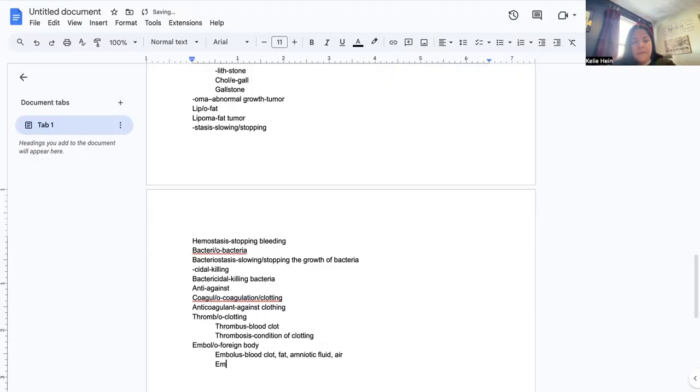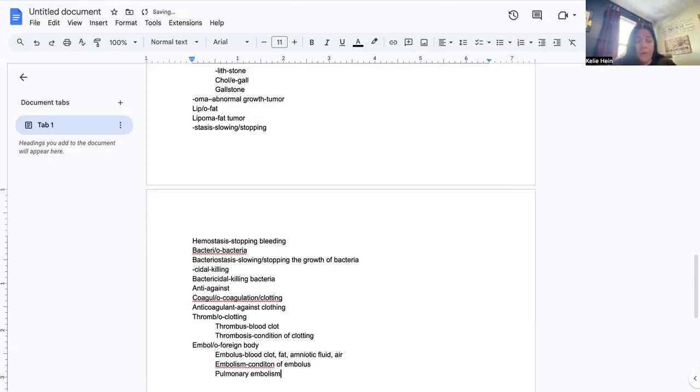An embolism is now a condition, okay? It's a condition of an embolus, essentially. So if you have a pulmonary embolism, which is usually a clot, but you could have an amniotic fluid one that goes to your lungs, right?